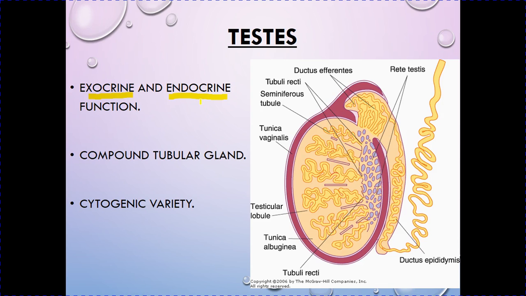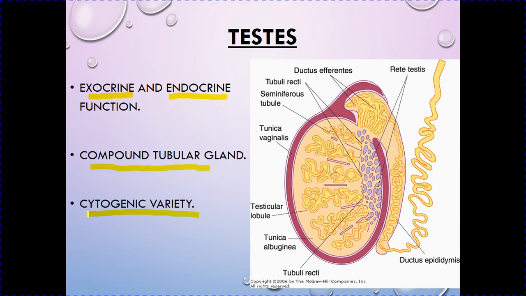When we say that testes is a gland, it is of compound tubular variety. So we say that testes is a compound tubular gland as it has an exocrine function which is production of the spermatozoa, and it is of cytogenic variety.